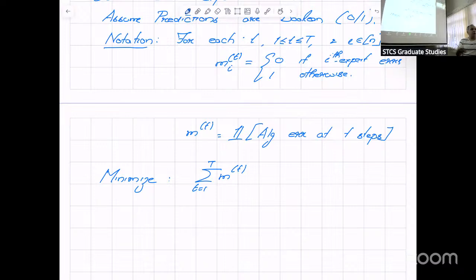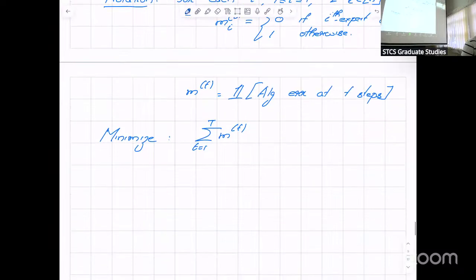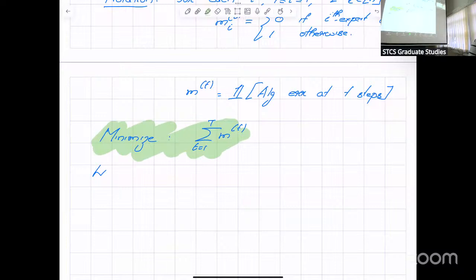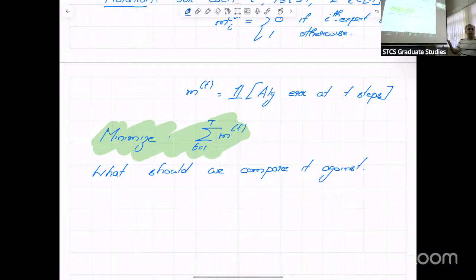So we need to compare it against something. I say I will not do worse than a particular thing. So what should we compare it against? This is our goal. I want to say the number of errors is small, compared against something. Previously, I could say it's log n because I knew there was an infallible expert.